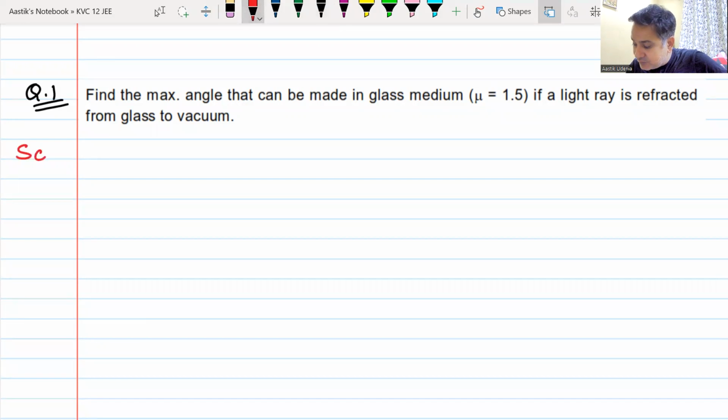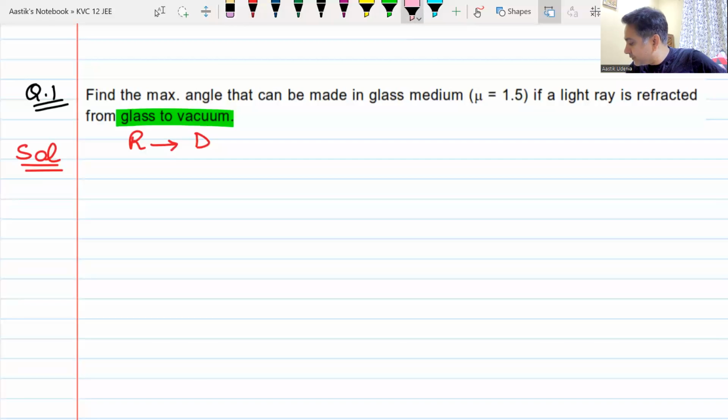Because if the angle is more than the critical angle, and remember it is going from glass to vacuum, that means it is going from denser to rarer. The maximum angle that it can make in the denser medium is the critical angle.